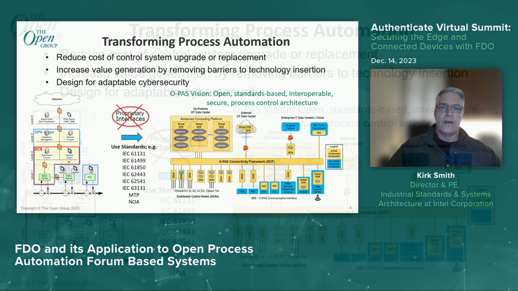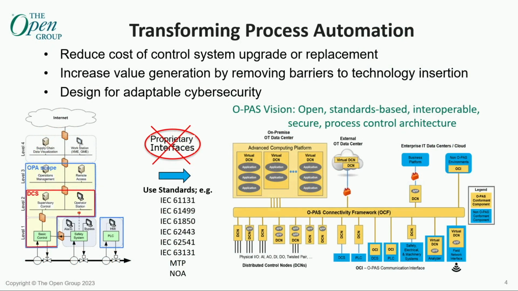So, as you can see on the left-hand side, the standard ISO 95 and/or Purdue model variants that you can see across level 1, 2, 3, and 4, and then up to 5, which folks refer to in the supply chain space. You see that our scope is really focused at that level 1 to level 3 space where the traditional distributed control system operates today.